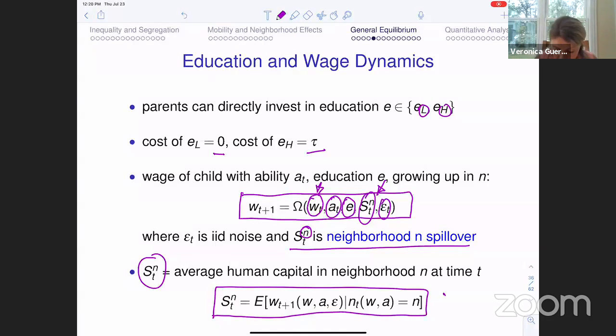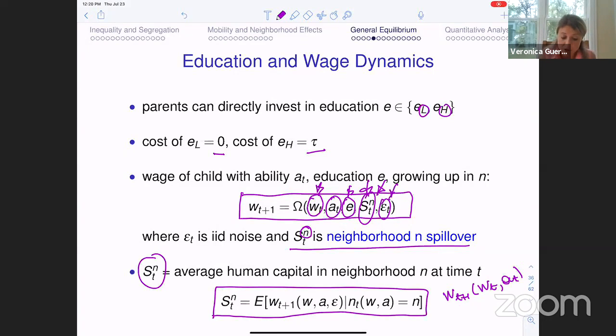So it depends on the wage of the parent and the ability of the kid, right? Because the choice of N is endogenous, it is going to depend on the wage of the parents and the ability of the kids. Education is also endogenous, it also depends on the ability of the kid and the wage of the parents, so it will affect the level of education of the kids.